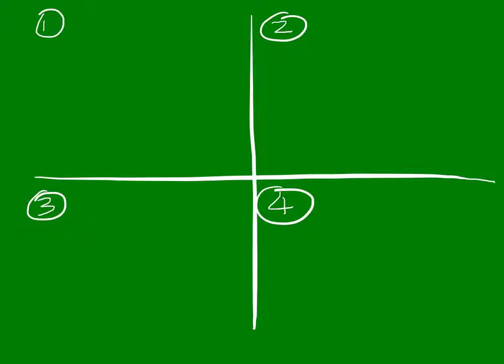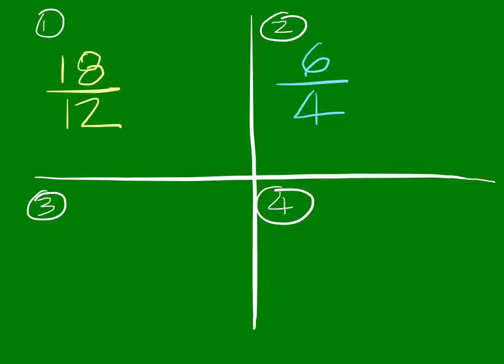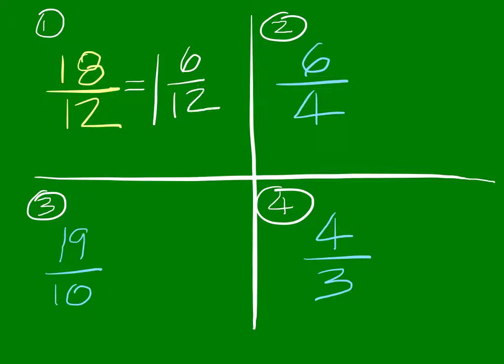Bring up this one, 18 over 12. And then for bonus, you can try these. On the practice problem, you should have 1 and 6 over 12, which will reduce to 1 and 1/2. 12 goes into 18 once, with 6 left over.